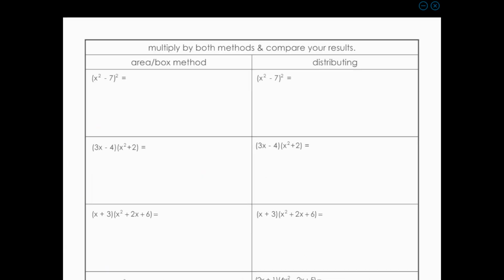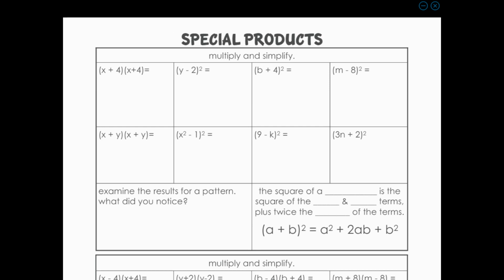Okay, we need to talk about special products. If you see something in parentheses that has a plus or a minus with a squared behind it, you cannot distribute that square to everything in the parentheses. You can't do it. That doesn't work that way. You have to rewrite it: y minus 2 times y minus 2, because it's everything in there times itself. 9 minus k times 9 minus k.